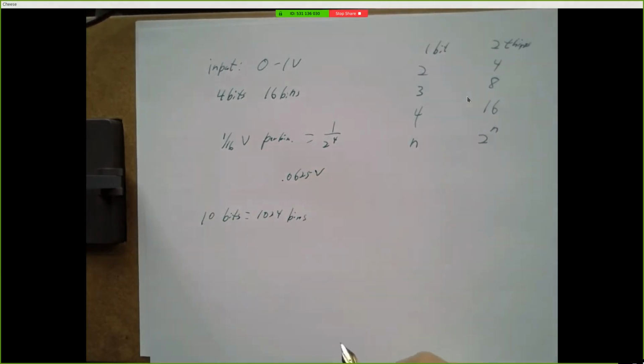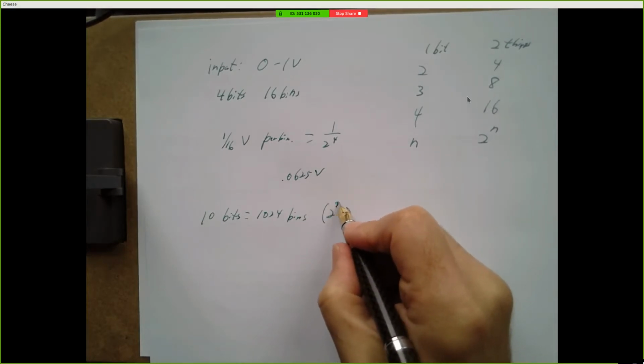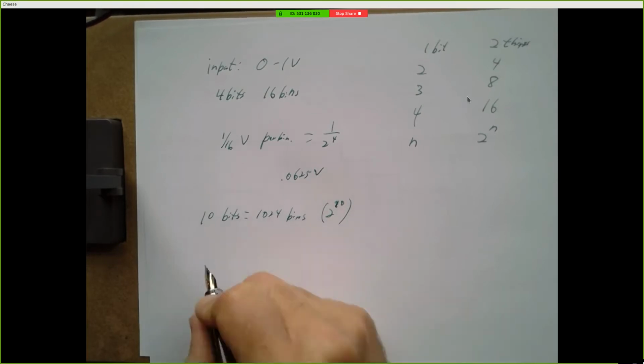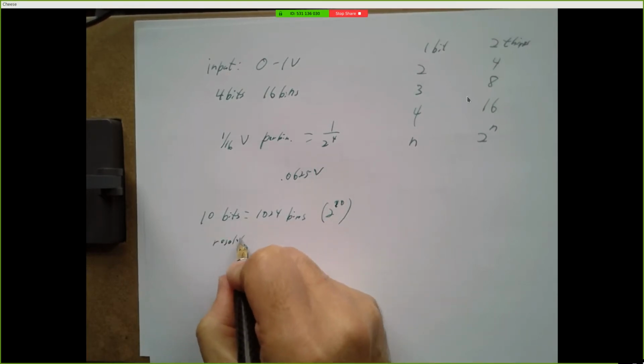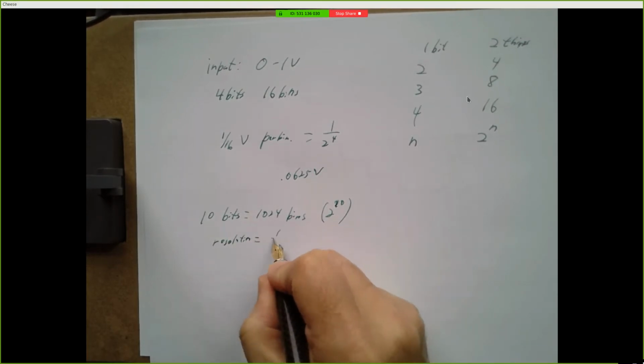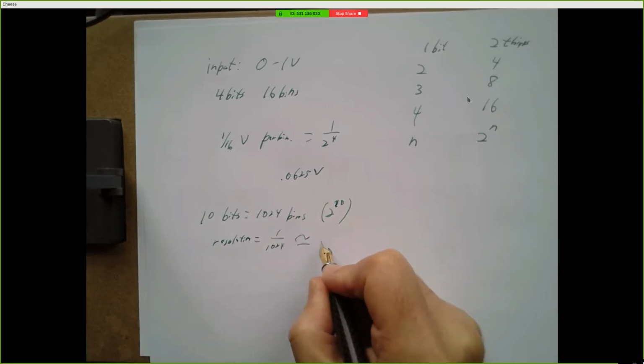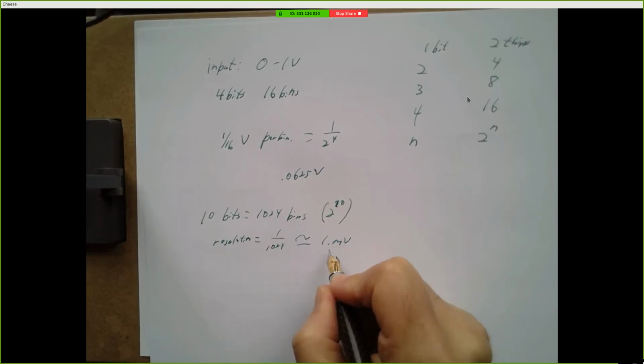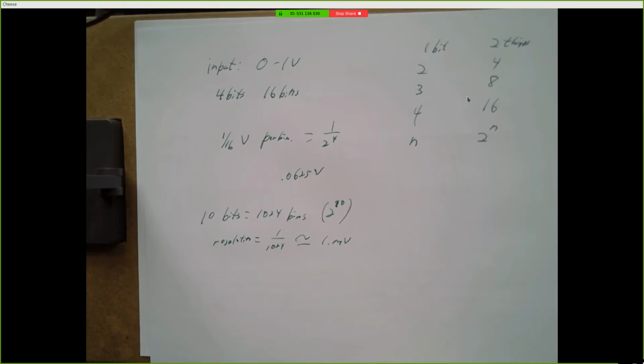So 10 bits, you can break things into 2 to the 10th, which is 1024. And so your resolution is 1 over 1024, which is about 1 millivolt. So that's pretty good.